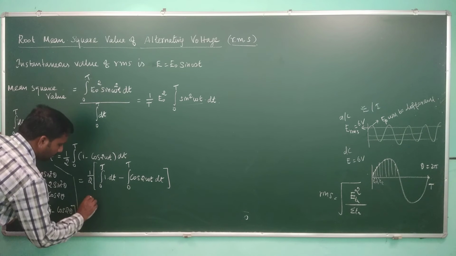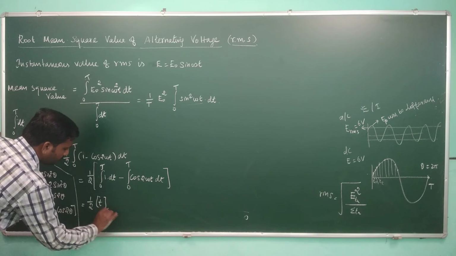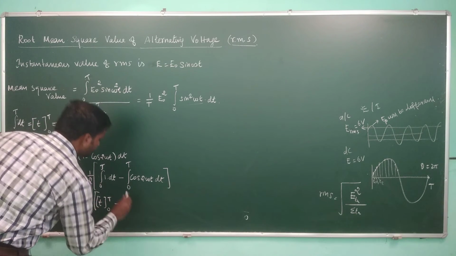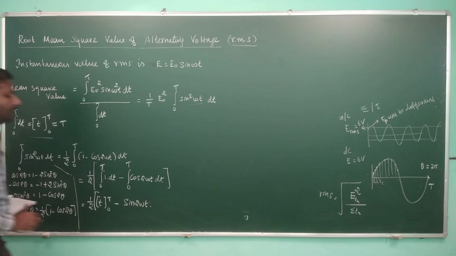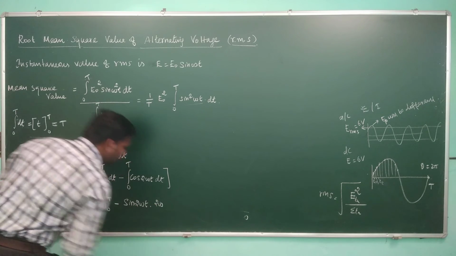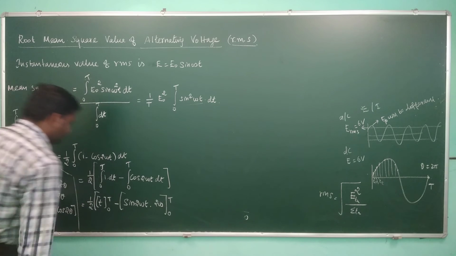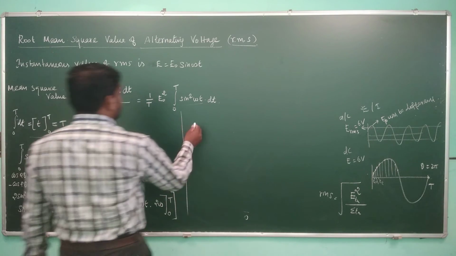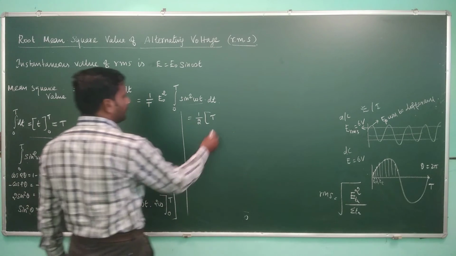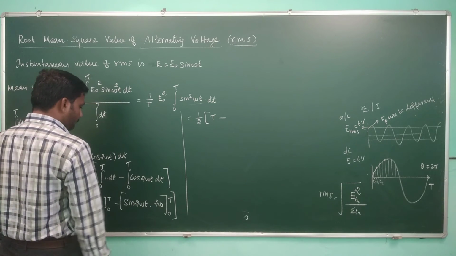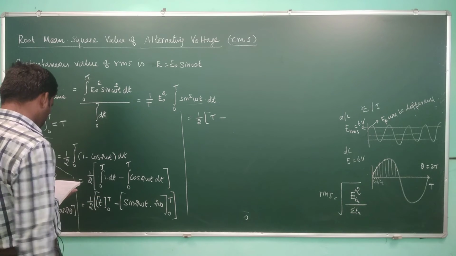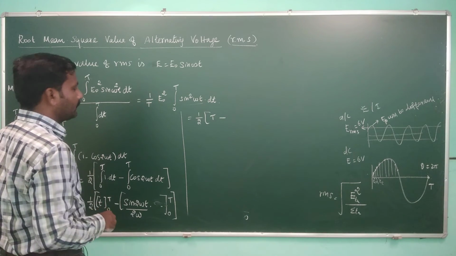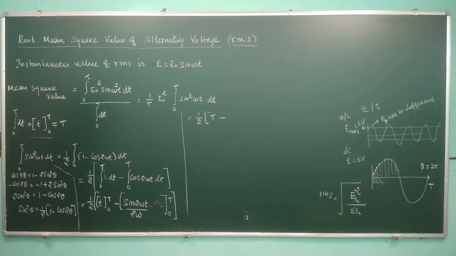Here it becomes 1 by 2 times t from 0 to T, minus the integral of cos theta, which is sin theta, so this becomes sin 2 omega t, and d of 2 omega t gives 2 omega, from 0 to T. In differentiation the 2 omega comes in the numerator, but in integration you have to put this 2 omega in the denominator, right?